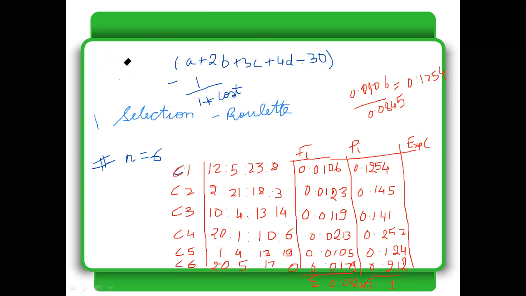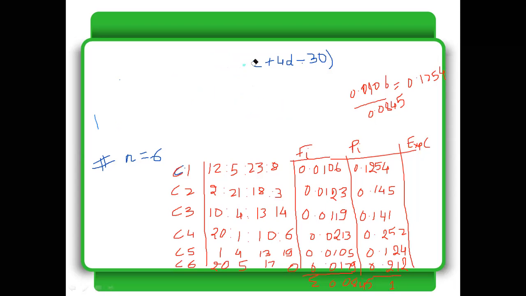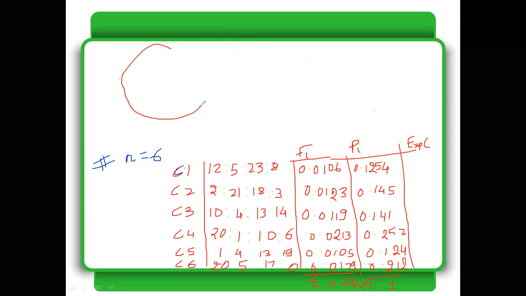So I will now draw my roulette wheel. So expected count, which is theoretical, that is just to give an idea that whatever is your selection, random selection using the spin, that is fair enough. Okay, so otherwise कोई खास इसकी वो नहीं है. So I draw my roulette wheel.